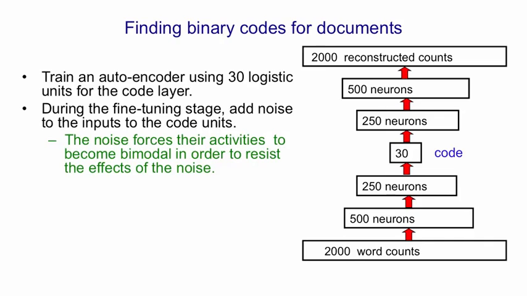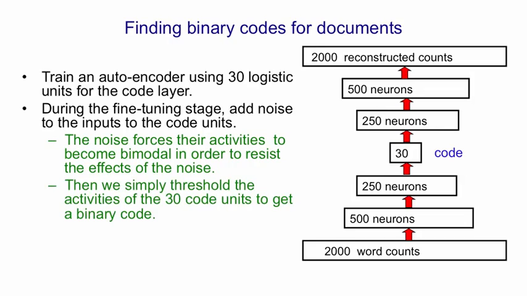In order to be resistant to that noise, the code units need to be either firmly on or firmly off. And so the noise will encourage the learning to avoid the middle region of the logistic, where it conveys a lot of information, but it's very sensitive to noise in its inputs. At test time, we simply threshold the logistic units in the middle layer to get binary values.